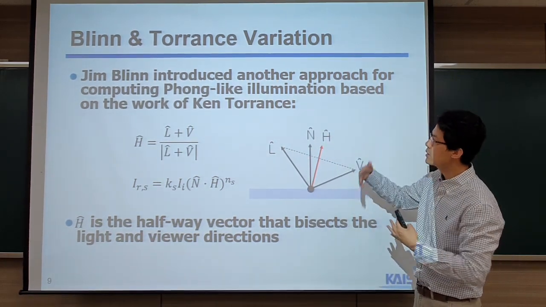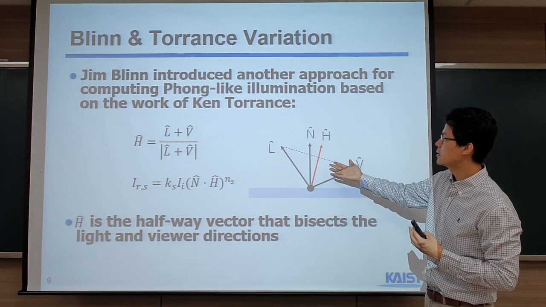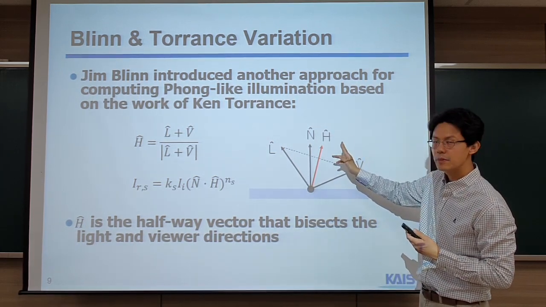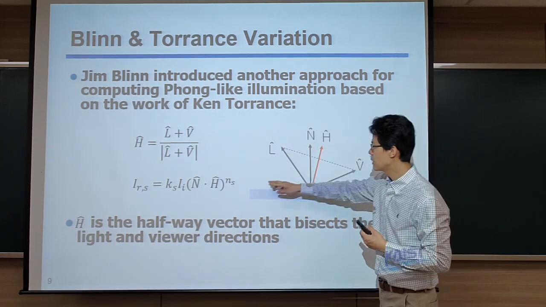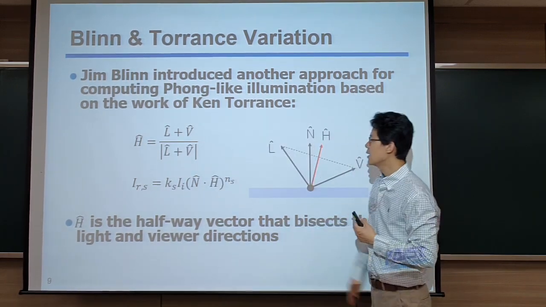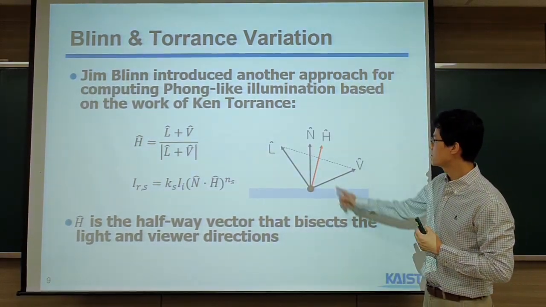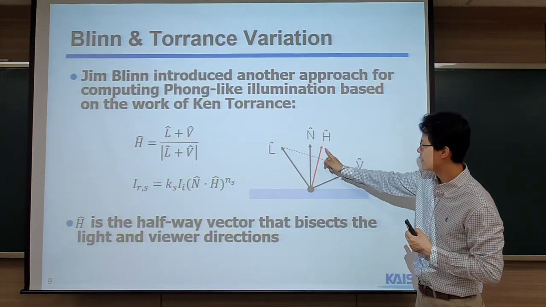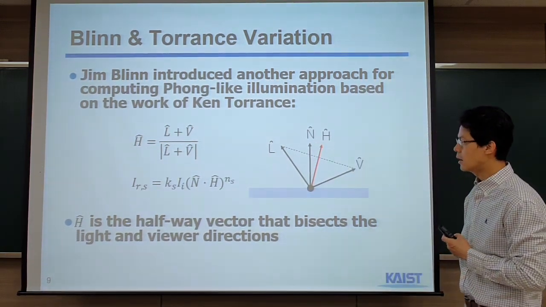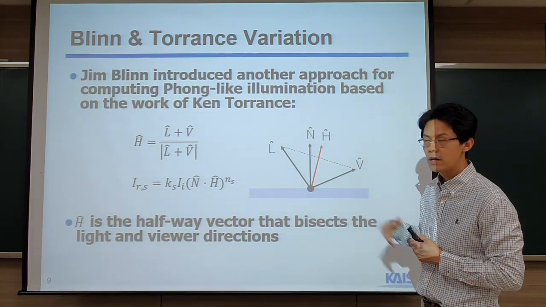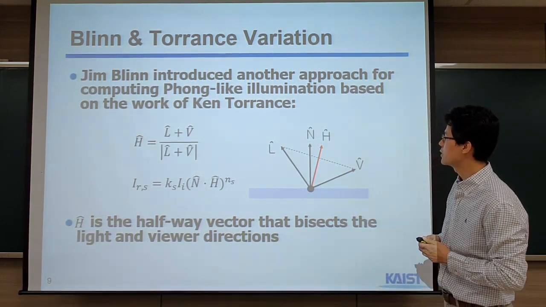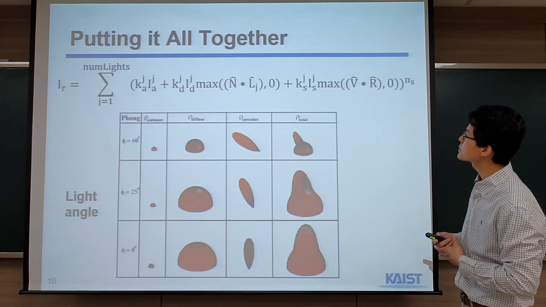So in other words, we look at the angle between the N vector and H vector. That's why in this model they look at the angle between the normal vector and halfway vector. The halfway vector is also commonly used in some illumination models, so that's why I wanted to introduce this concept.